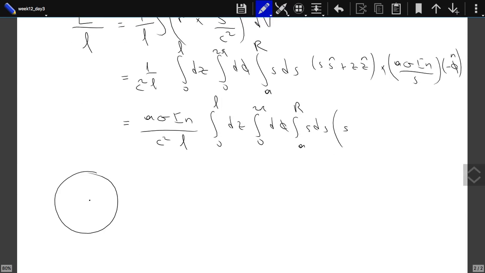You see if you have these circular coordinates at this point, this is our s hat, z is outside, this is our phi hat. So s hat cross phi hat is plus z hat. Well, we have the minus, so it is the minus z hat.